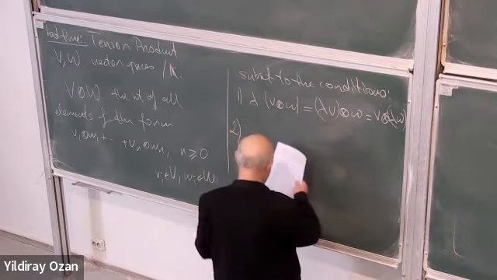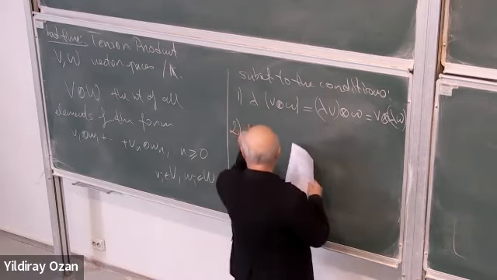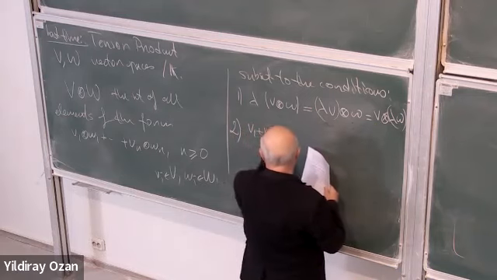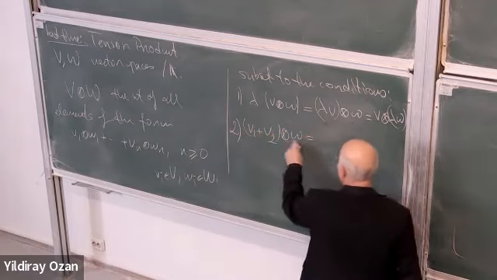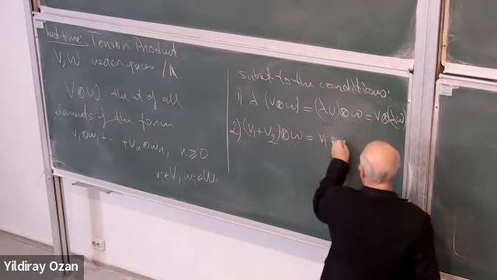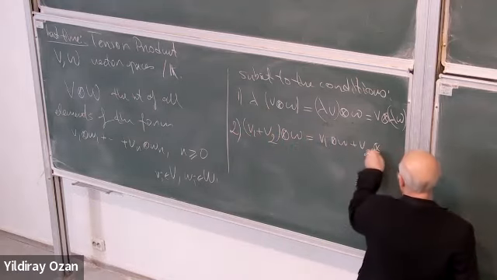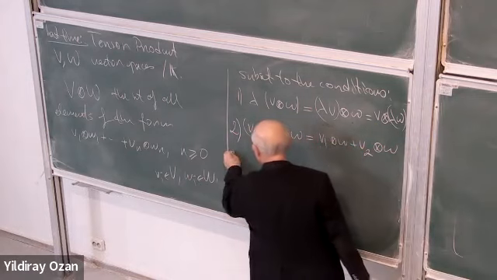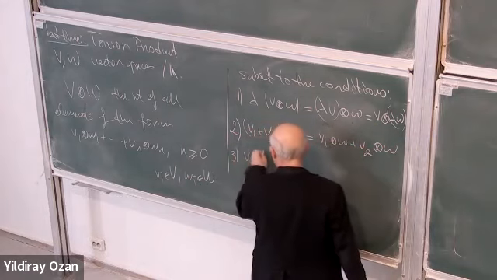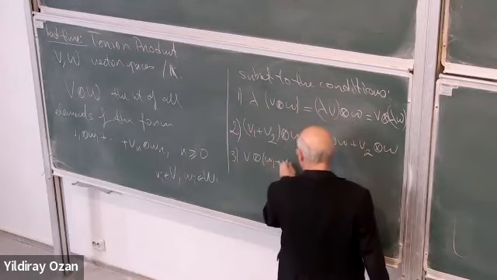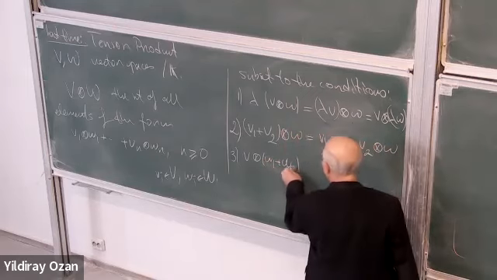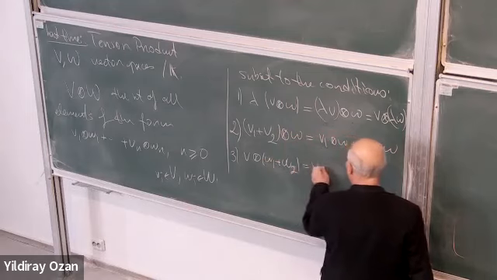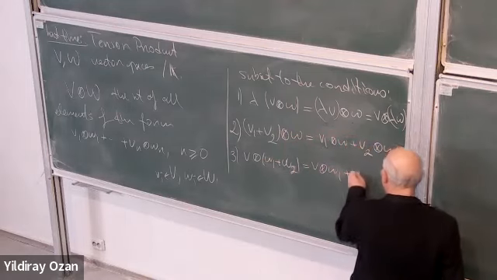Second, it distributes over addition from left and right. So this is the same as this one. And similarly, it distributes over addition from the left, namely this.